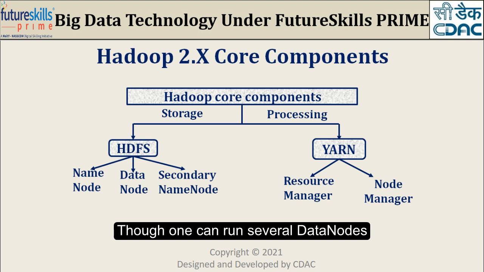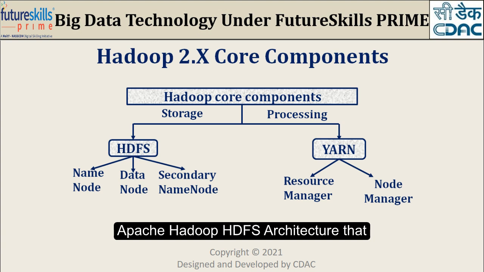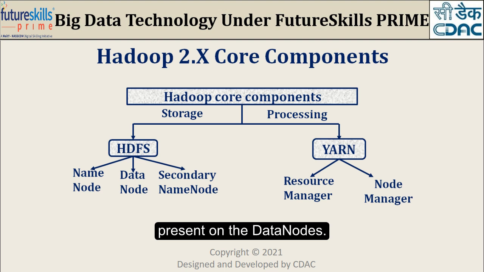Though one can run several data nodes on a single machine, in the practical world these data nodes are spread across various machines. Name node is the master node in Apache Hadoop HDFS architecture that maintains and manages the blocks present on the data nodes.